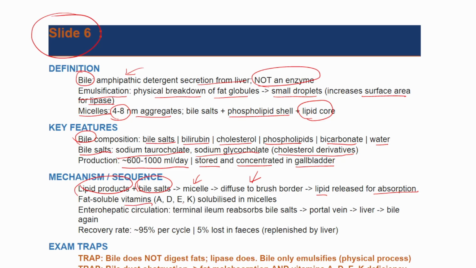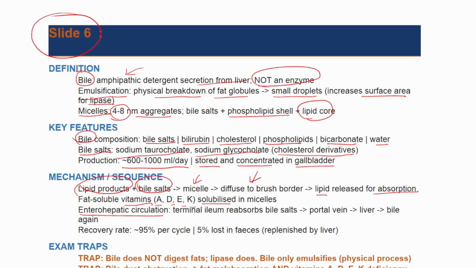The mechanical assembly of micelles is explicitly required to ensure fat-soluble vitamins A, D, E, and K are appropriately solubilized. After completing their digestive job, the body saves these components via the enterohepatic circulation or enterohepatic recycling sequence.